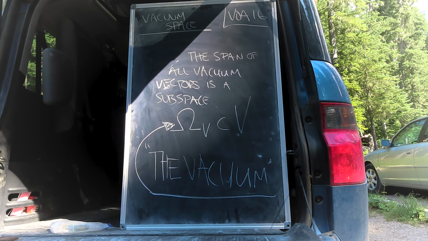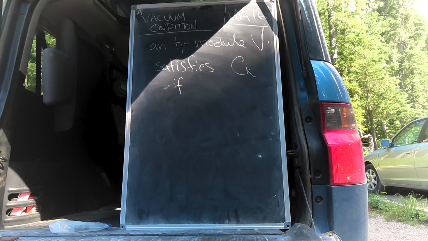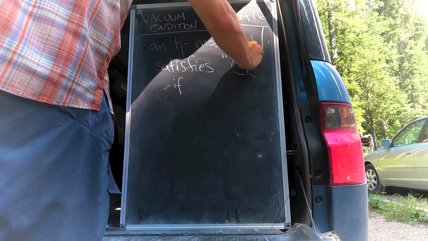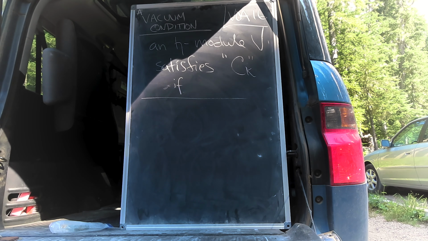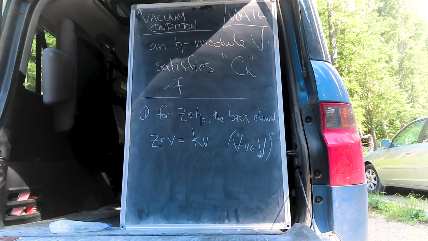Modules can be unruly, as original attempts to prove the Stone-von Neumann theorem no doubt discovered. For our case, we need a statement of what constitutes a well-behaved H module. Following FLM, we define a sort of parametrized vacuum condition C sub k on a Heisenberg module V by the following requirements. First, the action of the basis element of the center, what we've been calling Z, must act by scalar multiplication by k.